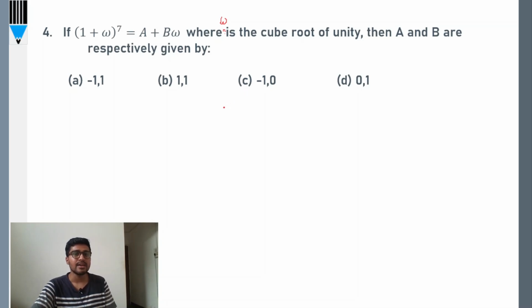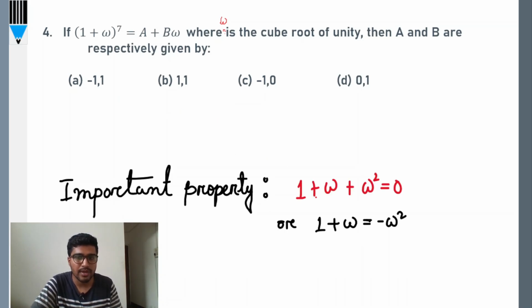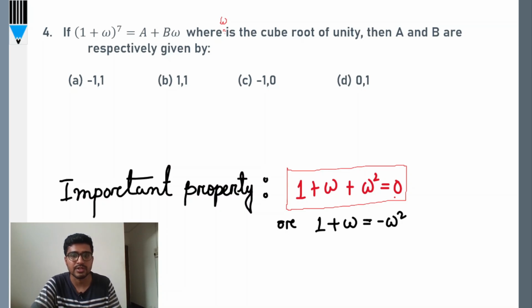So when we talk about cube root of unity, we have an important formula: 1 plus omega plus omega square equals 0. Please remember this formula, it is the most important formula in cube root of unity.